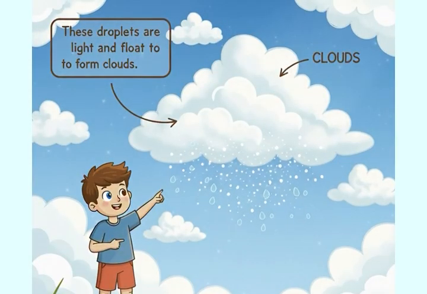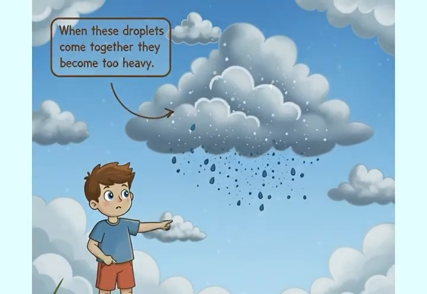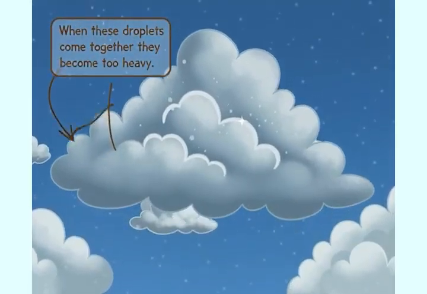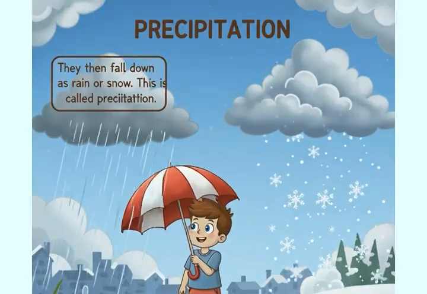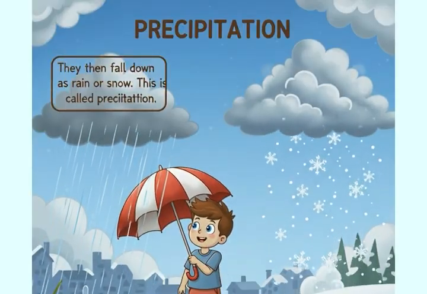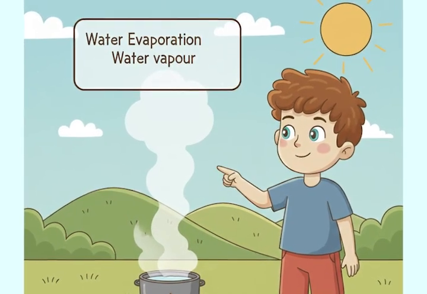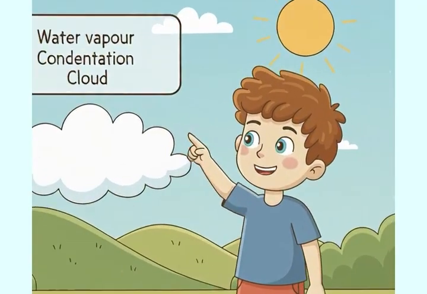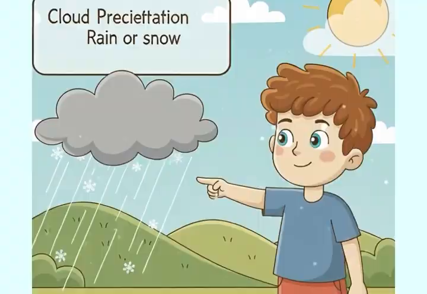These droplets are light and float to form clouds. When these droplets come together, they become too heavy. They then fall down as rain or snow. This is called precipitation. Water, evaporation, water vapor. Water vapor, condensation, cloud. Cloud, precipitation, rain or snow.